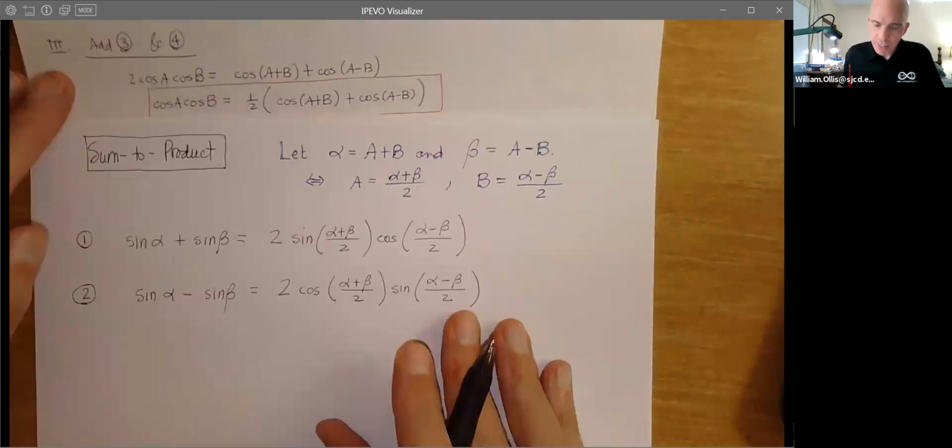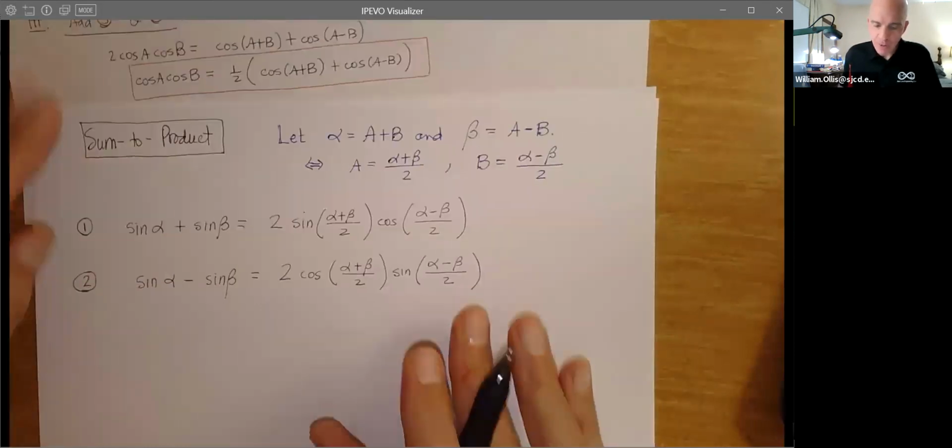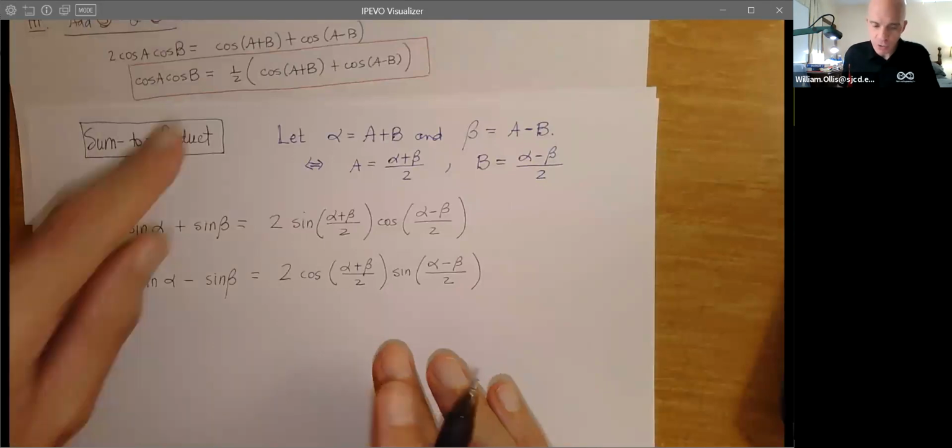Okay, now we've got sums and differences of sine terms. Let's do the cosine terms.